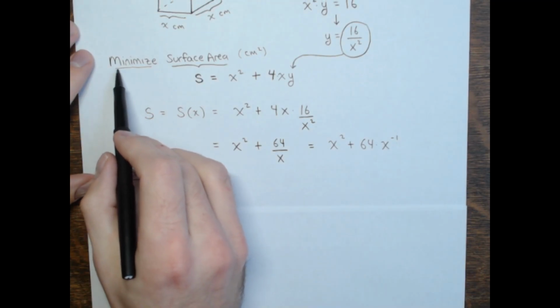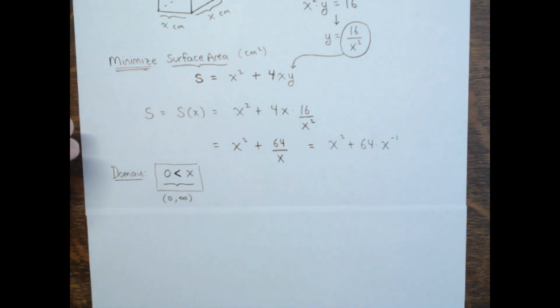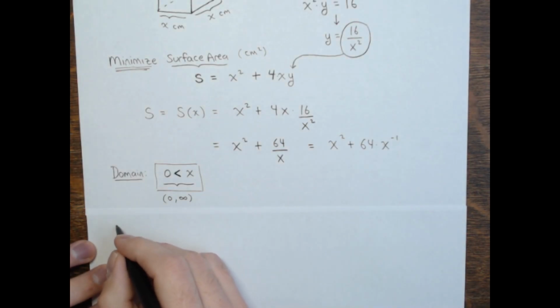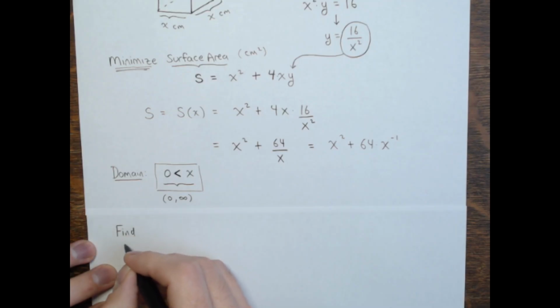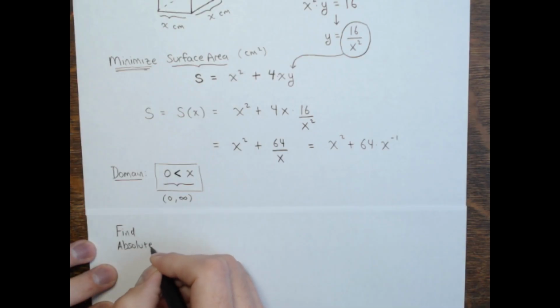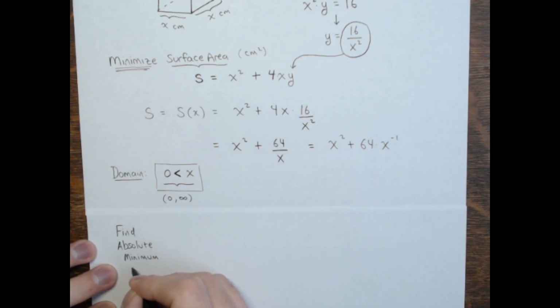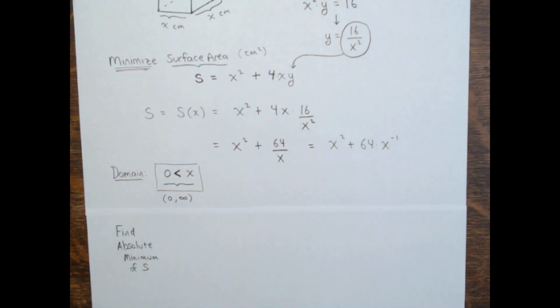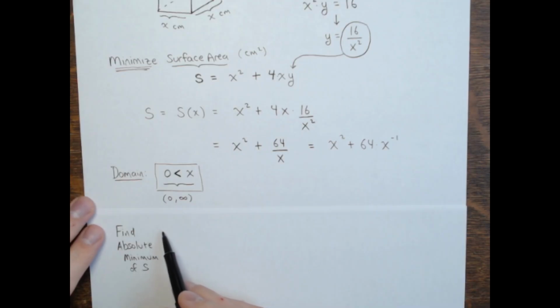We're asked to minimize this surface area, this S value. So let's find the absolute minimum of S. Now we're going to find the dimensions that make this happen, since they want just the dimensions of the box.